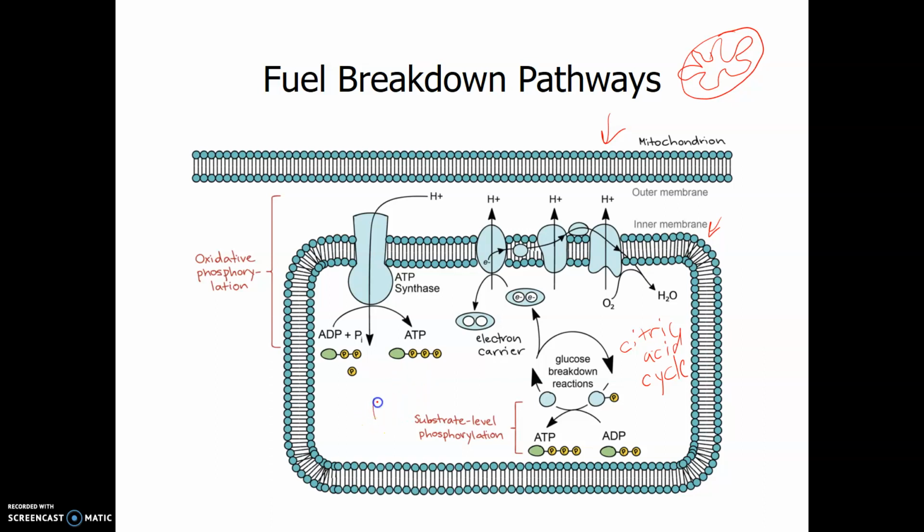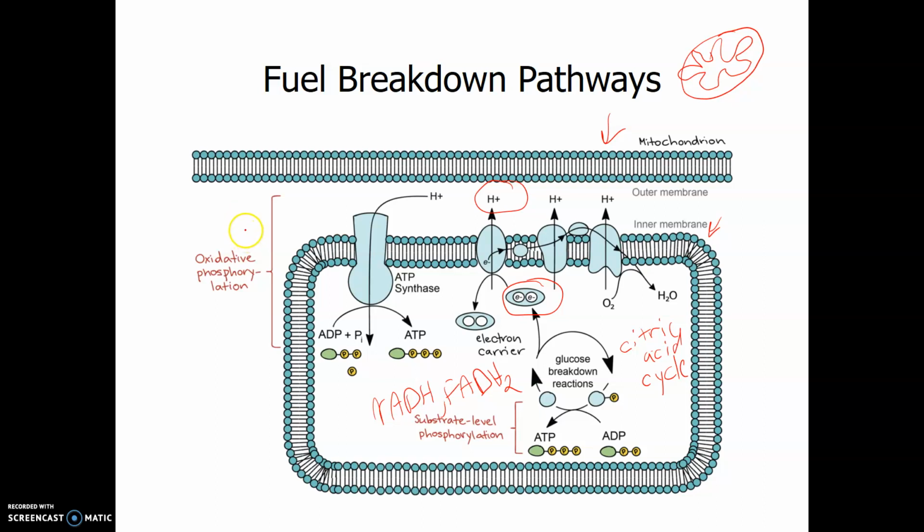They're called NADH and FADH2. These molecules provide electrons and hydrogen ions to the final step of cellular respiration, which is called the electron transport chain.